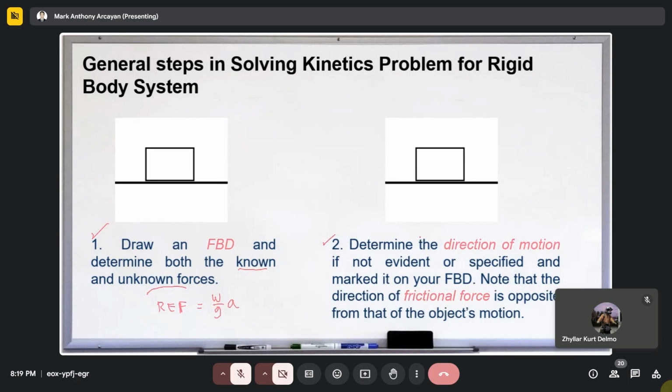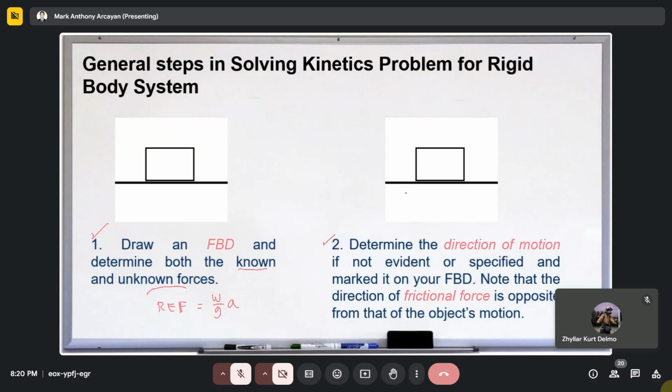Second step, we're going to determine the direction of motion, if not evident or specified, and mark it on your FBD. Since we are not in statics anymore, we're now here in dynamics.